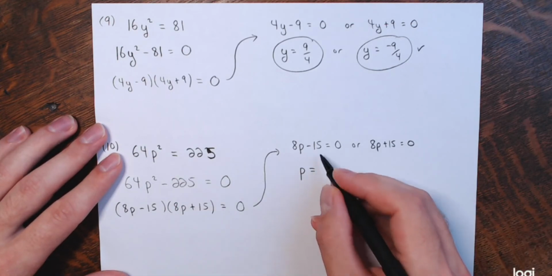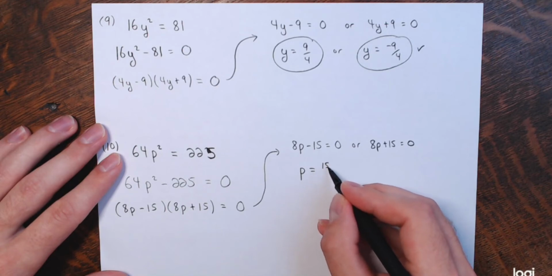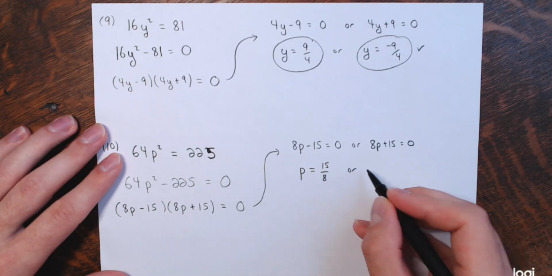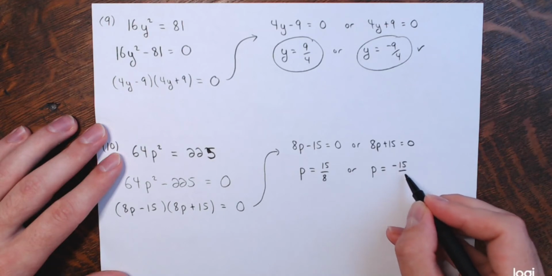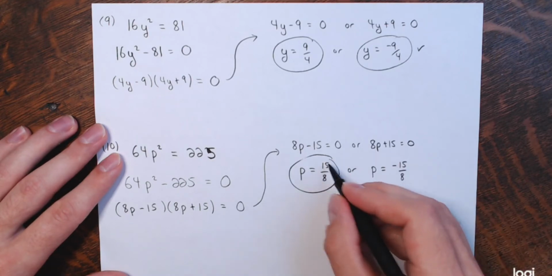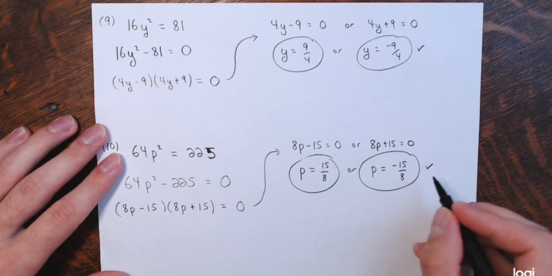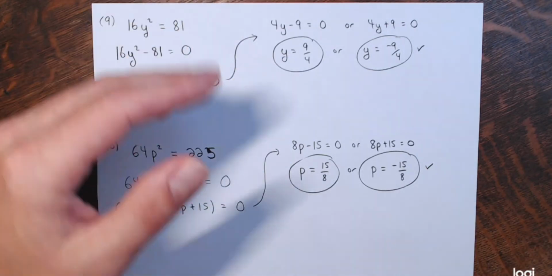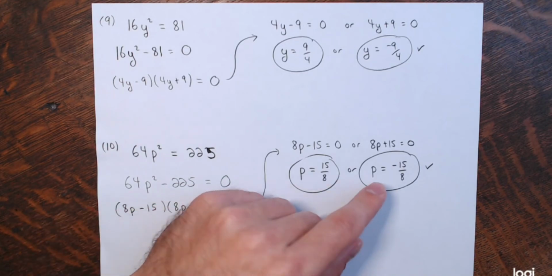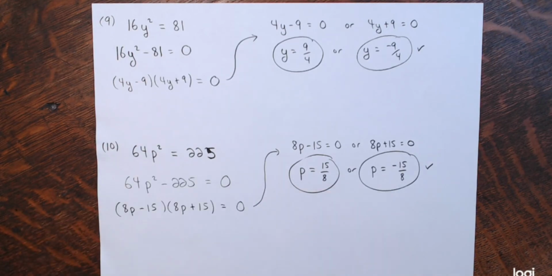But one solution is positive 15/8. The other solution is negative 15/8. Again, I'll put a little check mark, remind you to check those solutions back in the original. And just as in the previous 3 examples, you could also just write p equals plus or minus 15/8.